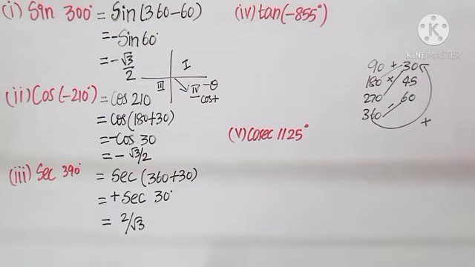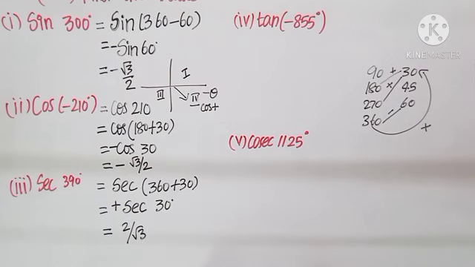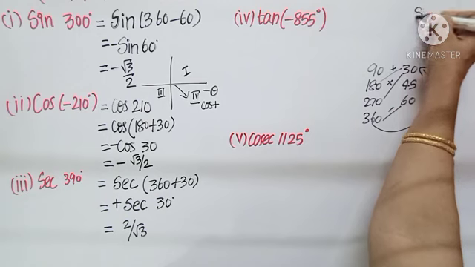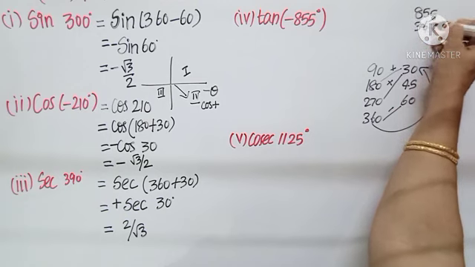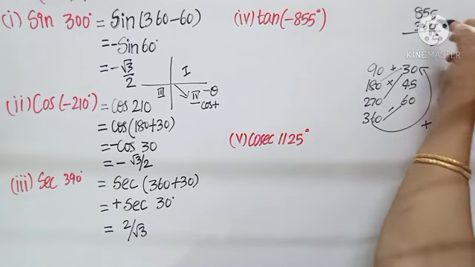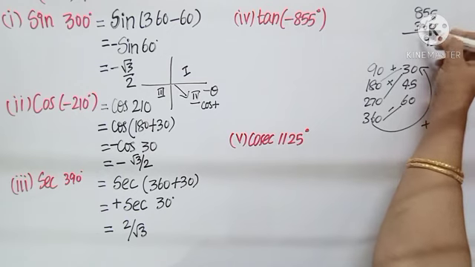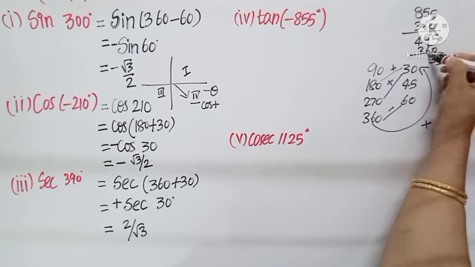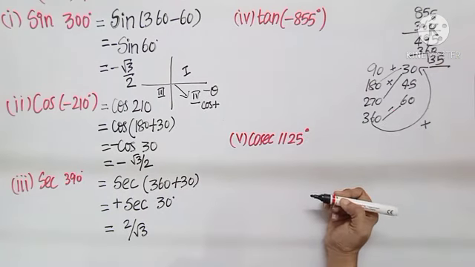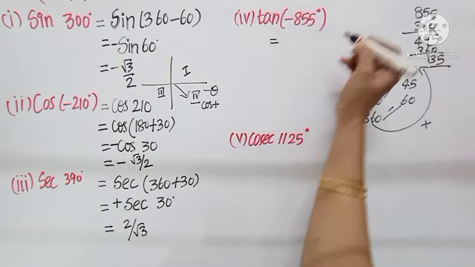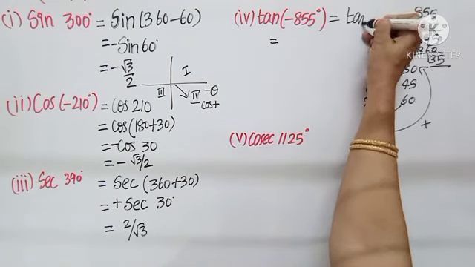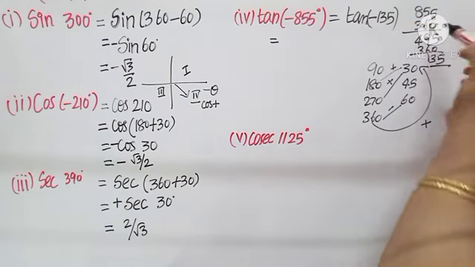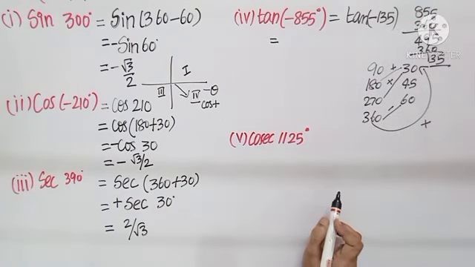When I come up to tan of minus 855, it is a big angle. Remember, 855, keep on subtracting 360. I get 495. Again subtract 360, 135. So this becomes tan of minus 135. 2 times 360 I can ignore.